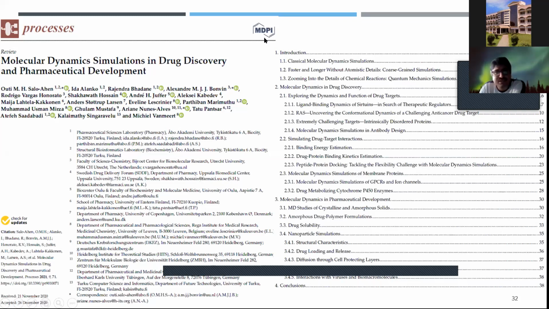If you go through this review, which is openly available, you just need to type the name and you can read the review paper. You will also get a very detailed understanding of MD simulation.